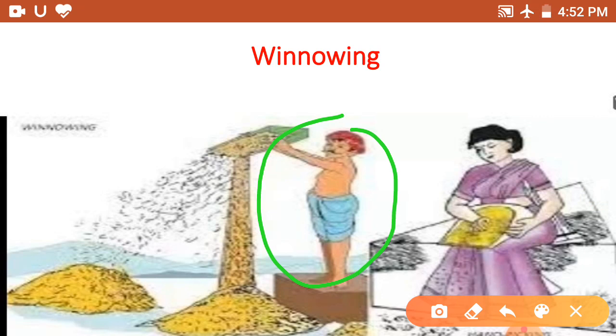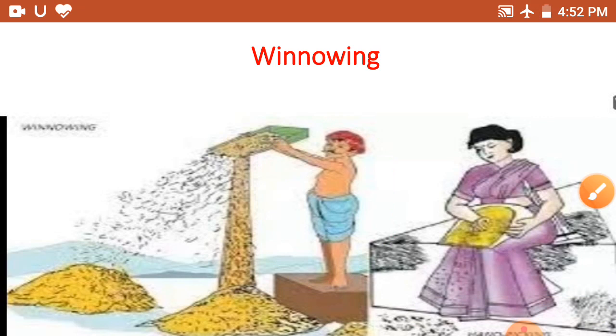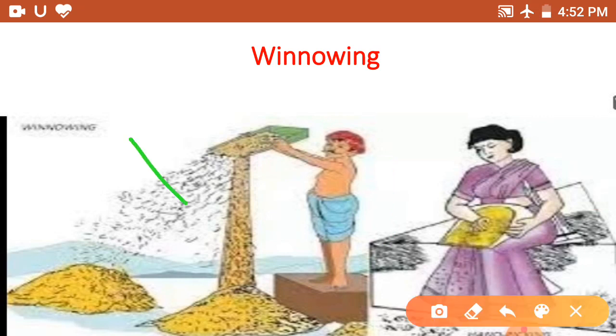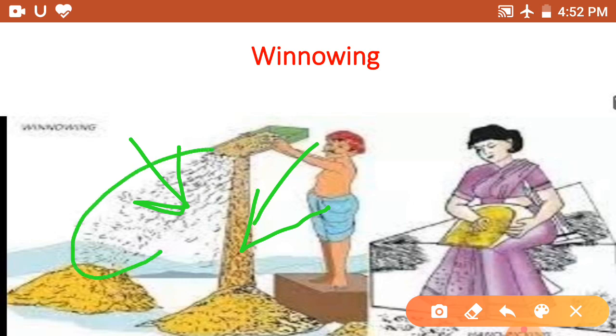Winnowing can be defined as the method of separating lighter husk particles and heavier grain seeds. You can see in this picture these are the lighter particles, that is husk, and these are the heavier particles, called grains.